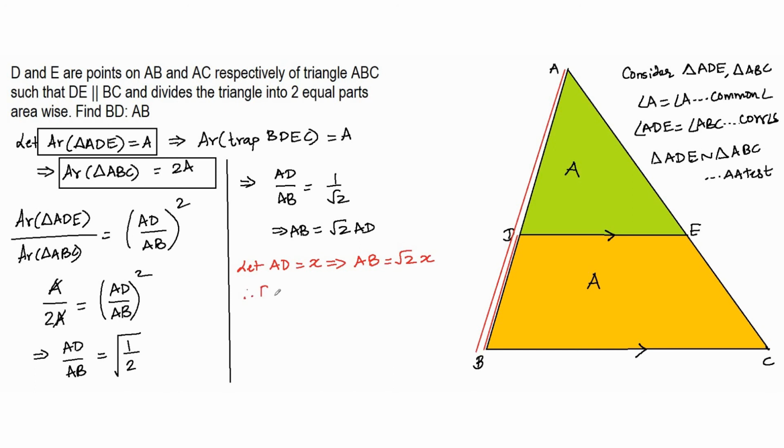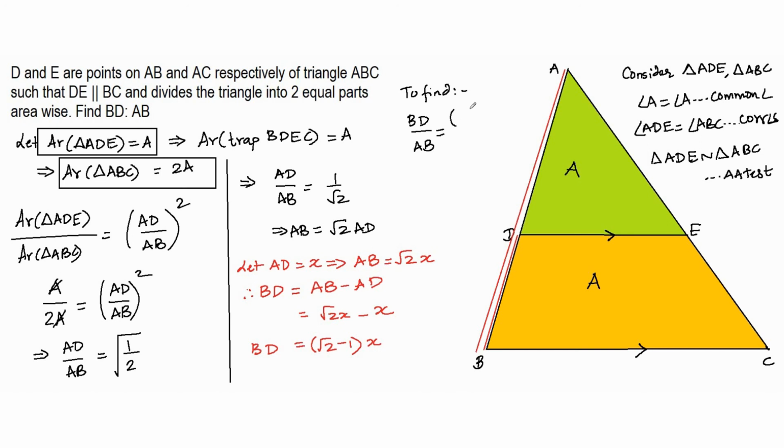And therefore BD is going to be AB minus AD, right? I know that AB is root 2 X, minus AD is X. Therefore this is going to be (root 2 minus 1) times X. And now if I want to find the ratio, what am I supposed to find? I want to find BD upon AB.